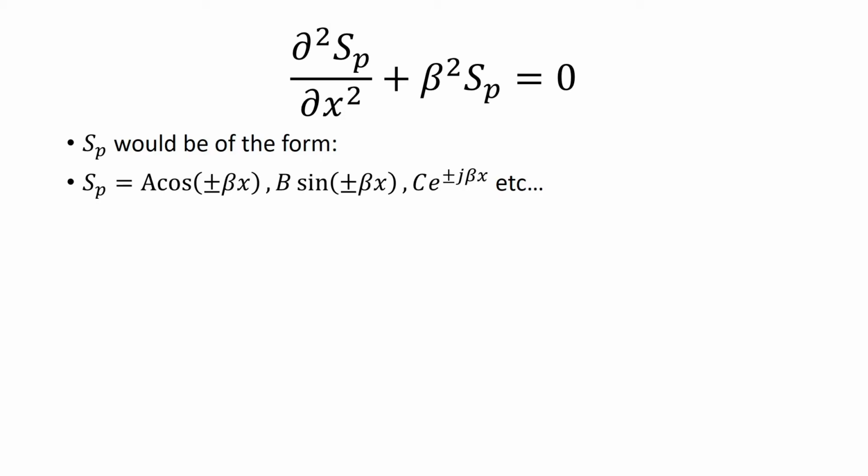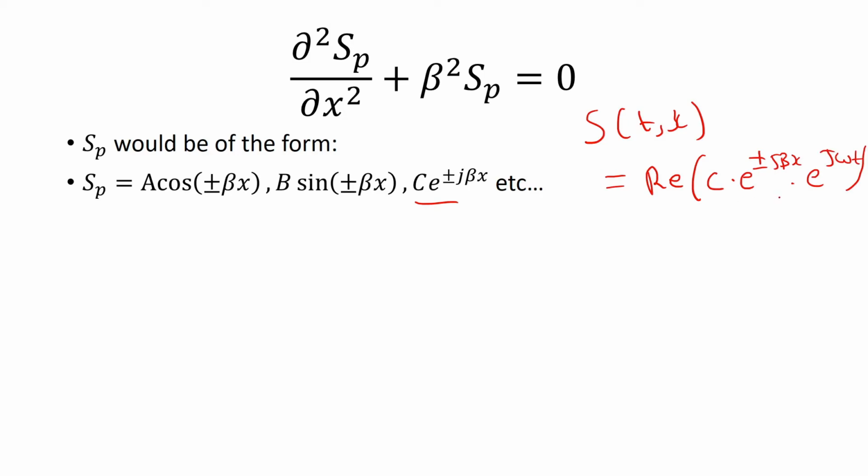These are the possible solutions for the phasor of S. Now, if I get Sp, for example, say this is the phasor version I got, then the time domain version S of t comma x would be equal to real part of c times exponential of plus or minus j beta x, depending upon the direction in which the wave is traveling, times exponential of j omega t. As you know, this is how you get a time domain expression from a phasor form.